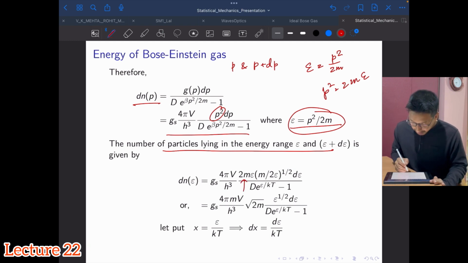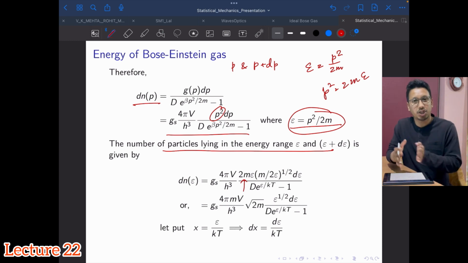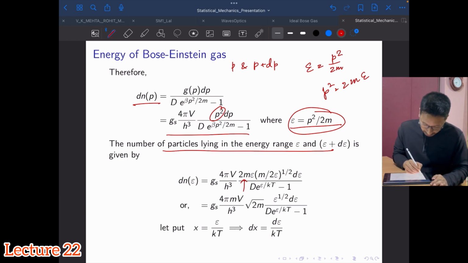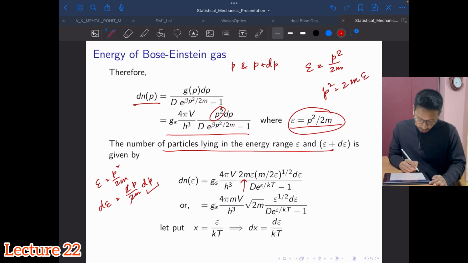Then you have to replace this dp, meaning change it to E, right? So your E is given by p square by twice m. So dE will be 2p by 2m. This is dp. You need only the expression for dp, right? This 2 will go off. So 1 by this p I can write as square root of 2mE, which is dE equal to dp, isn't it?